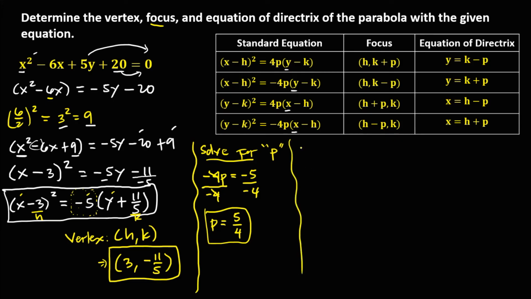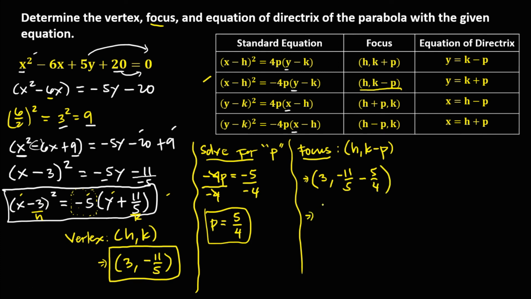So to solve now for the focus, the formula, since the standard equation is x squared and negative 4p, so x squared and negative 4p, this equation, and this is now the formula for the focus, that's h, k minus p. Then substitute now the values, so h is 3, then k is negative 11 over 5 minus p is 5 over 4.